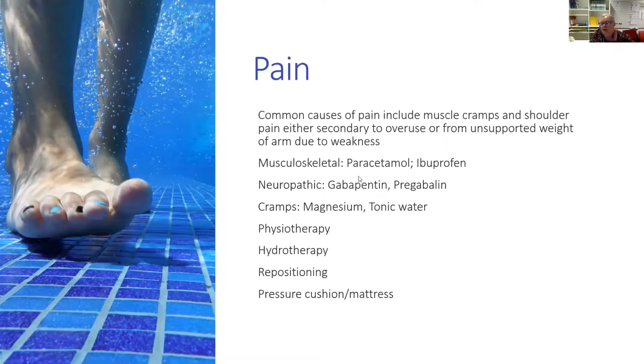Things like gabapentin or pregabalin, which is Lyrica, might be of benefit and work quite effectively on this type of pain. For cramps, things like trying some magnesium or even tonic water seem to work quite well with managing pain a lot of the time. But physio and stretching out, I definitely agree, are probably the first things that you should try.